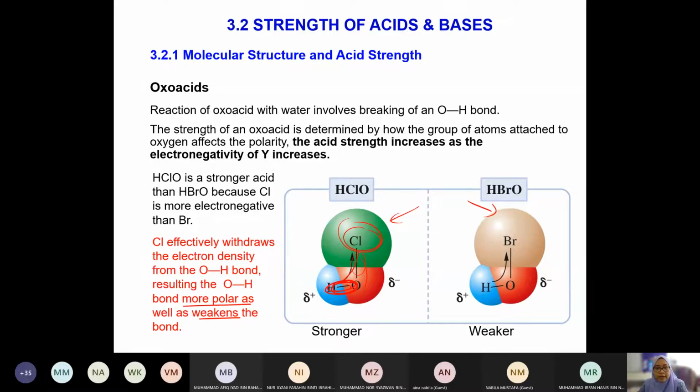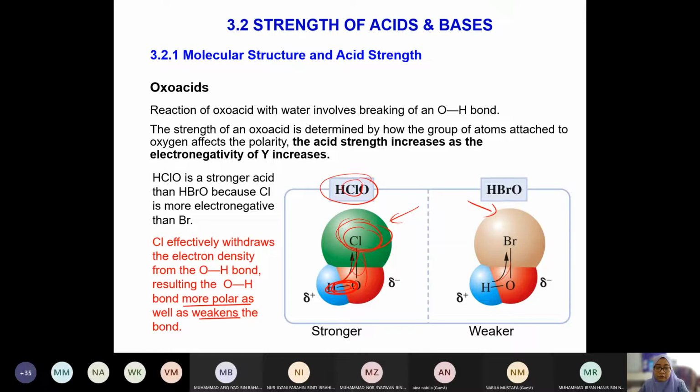So that's why the more electronegative atom has that ability to withdraw, dia menarik all the electrons density towards it. Okay, so HBr, yes, it is also electronegative, but not as electronegative compared to Cl. So memang electron density pun tertarik towards Br, but not as powerful as HClO.